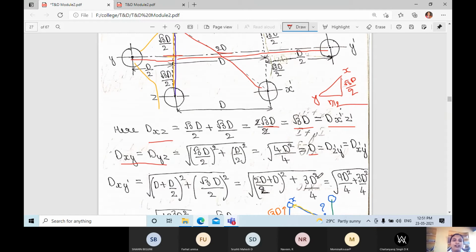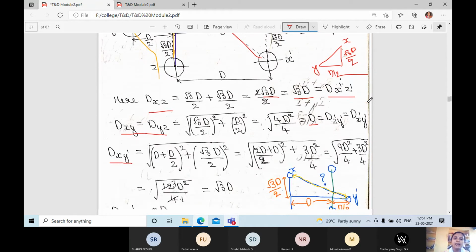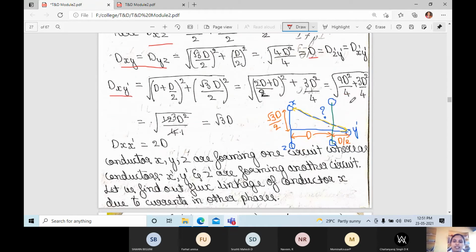Next we need to find the distance dx to y dash, the distance between x and y dash. I have drawn the diagram. You can observe the distance from x to z.